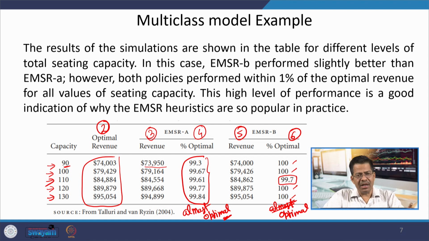When the capacity is less, the different approaches may have some significant differences in the overall calculations or overall revenue which you are getting. So, as you are going up, you will see that there is hardly any difference between A, B and optimal cases. So, this is how we have developed our theoretical understanding.